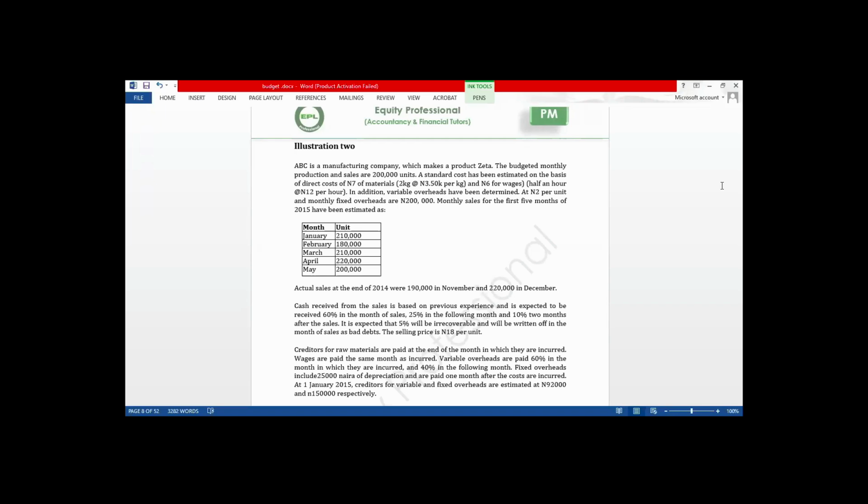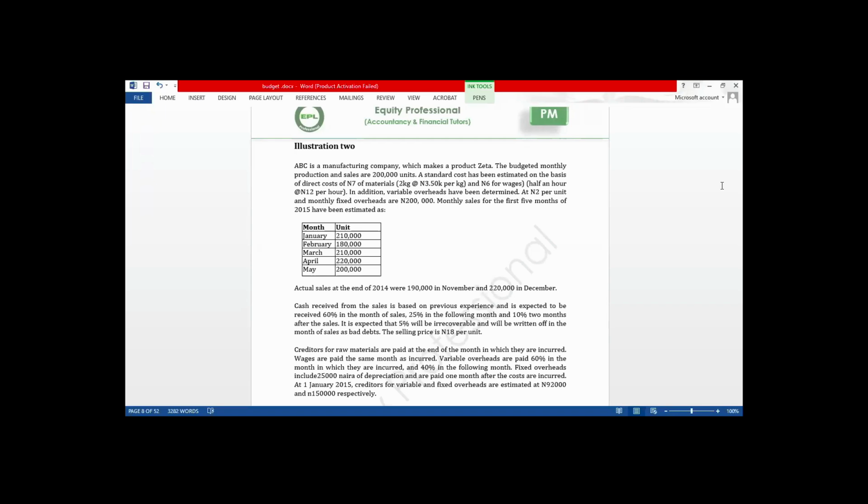Next, 6 naira for wages. Look at it again. The examiner says in brackets, half an hour at 12 naira per hour. If you are to interpret that, it means that to produce a unit, you require half an hour, that is 30 minutes. And the labor rate per hour is 12 naira.